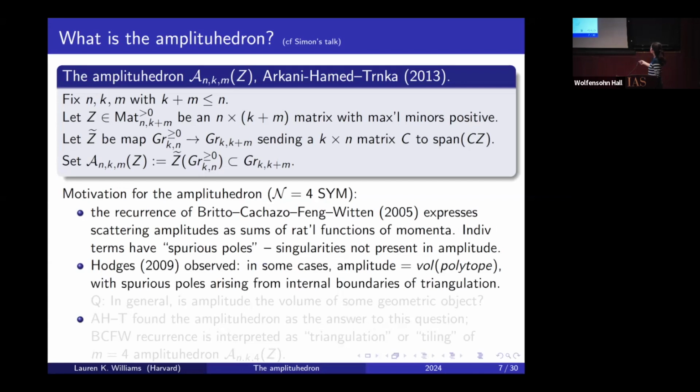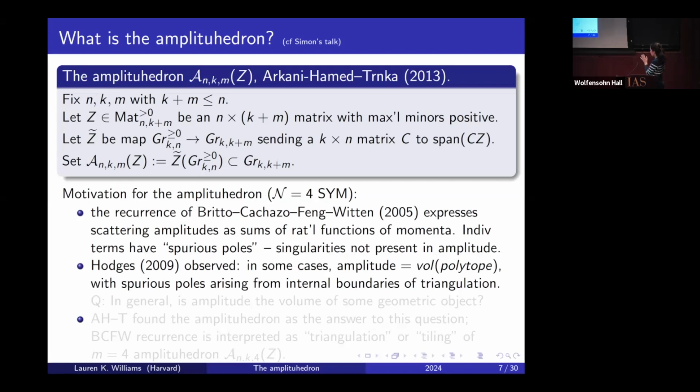And based on some small examples, Hodges pointed out that in some cases, the amplitude can be seen to be the volume of a polytope. And the spurious poles arise from the internal boundaries of the triangulation. So basically, Hodges gave an interpretation to the recursion where every term corresponded to some simplex in the triangulation of this polytope.